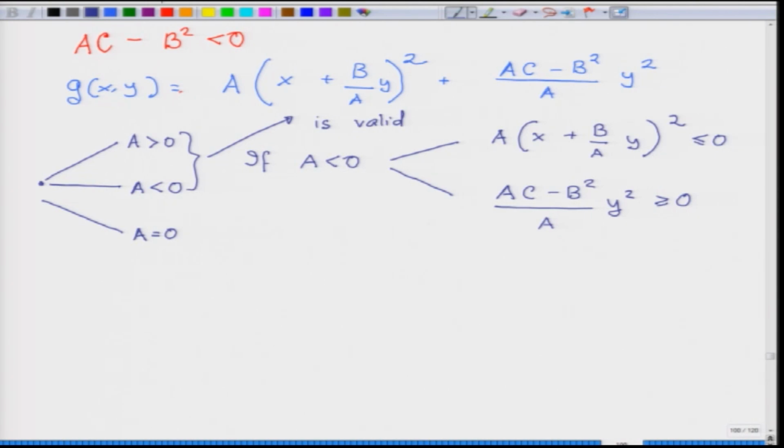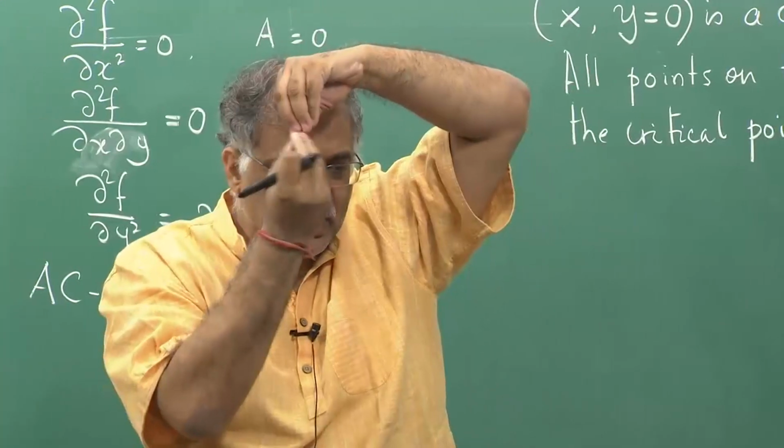So, again, this is what happens if A is strictly less than 0. So, now let us consider the points x y very near the point 0 0, in that circular disc around 0 0.